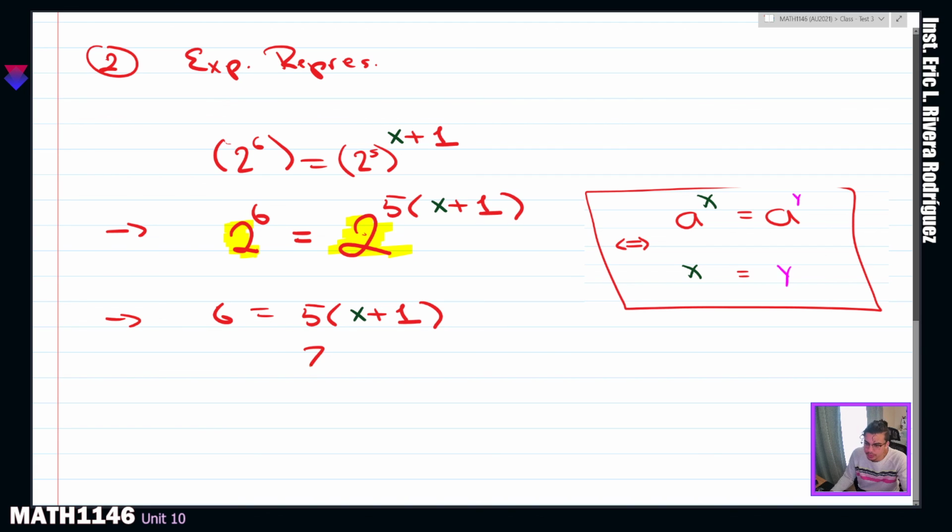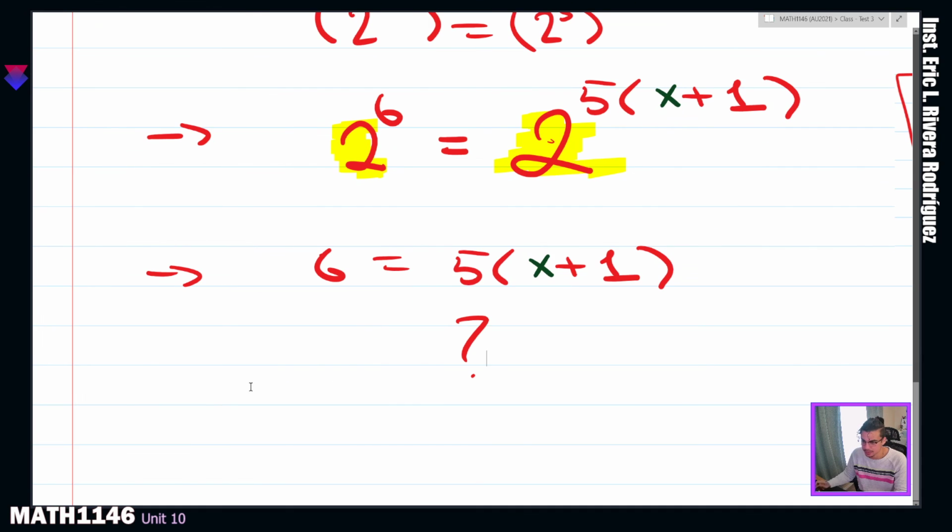Can you solve this equation for me? What is the value of x here? 1 over 5. Yes, it is.